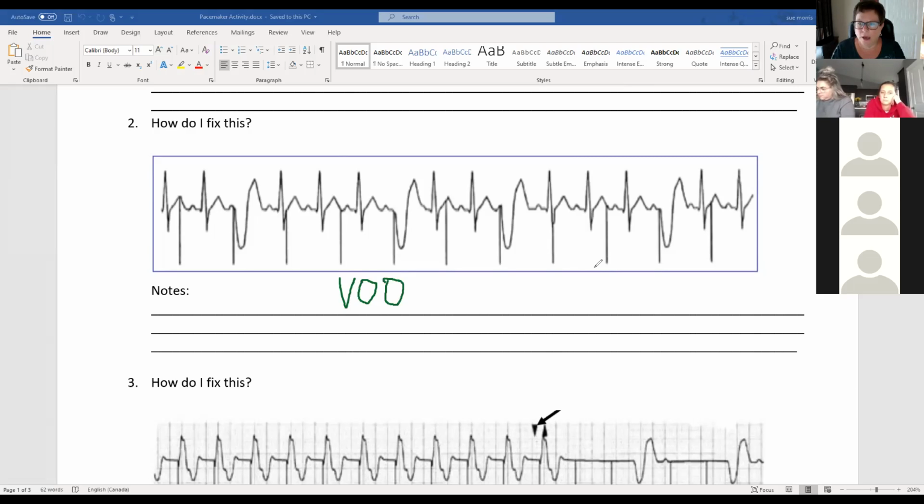mode. Uh-oh. The only time that we use a non-demand or an asynchronous pacemaker is when there is electrocautery, because a pacemaker is just told to look for electricity.